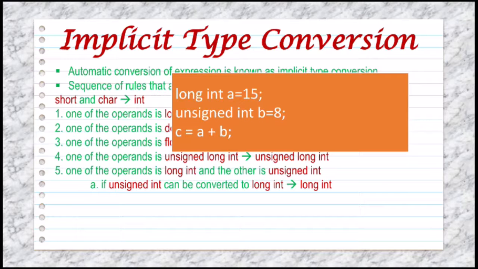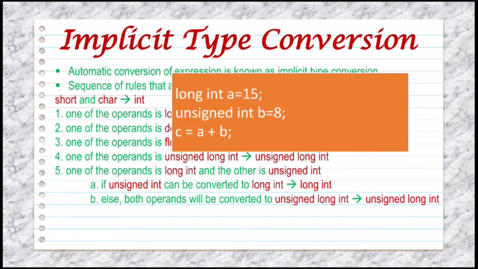So in the given example, we have declared variable a as long int and b as unsigned int. So as per the first condition, if unsigned int can be converted to long int, the result will be long int. Else both operands will be converted to unsigned long int and the result will be unsigned long int.